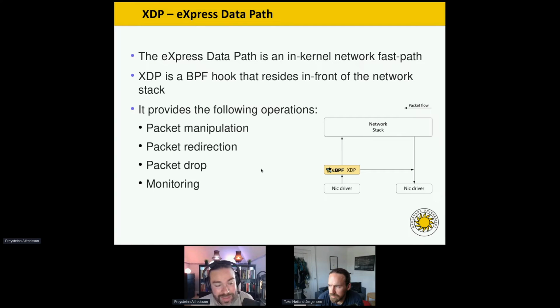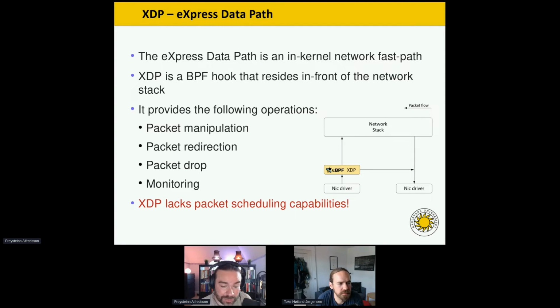Another feature we can do is just drop packets and obviously just monitor. So we could monitor by writing into these BPF maps information about the traffic. However, one of the problems here is that XDP lacks packet scheduling capabilities and doesn't have any queuing support. So this is what I'm trying to fix with Red Hat.